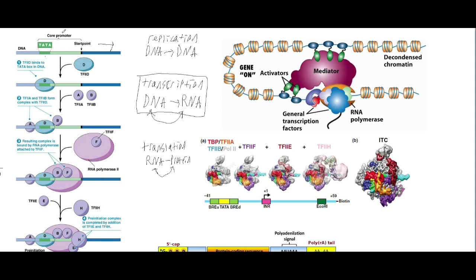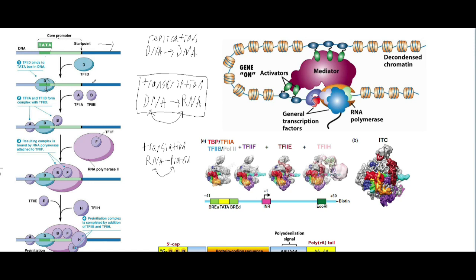And so we could have something like this transcription factor 2D come in, and it finds this TATA box, and it can bind onto the DNA there and start separating the two strands.